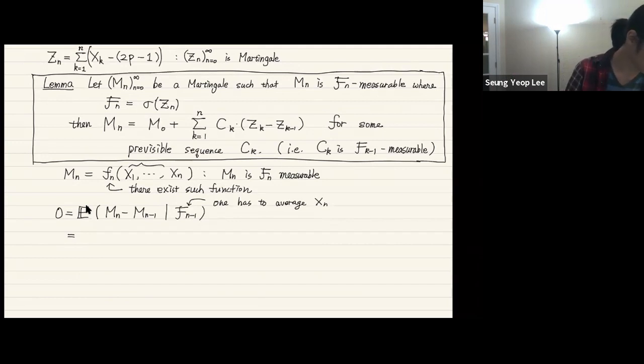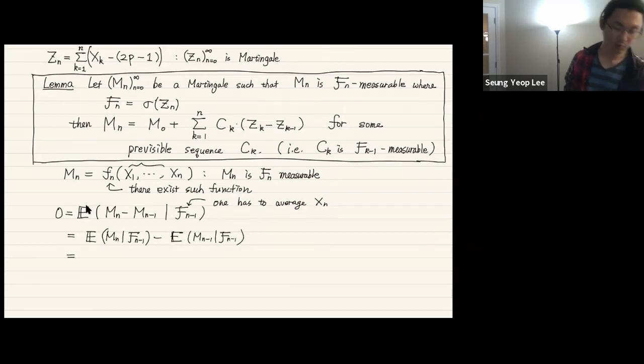So we will average. The first term is this one, and the second term is this one.